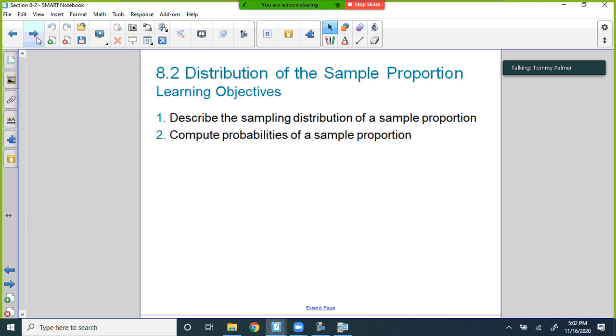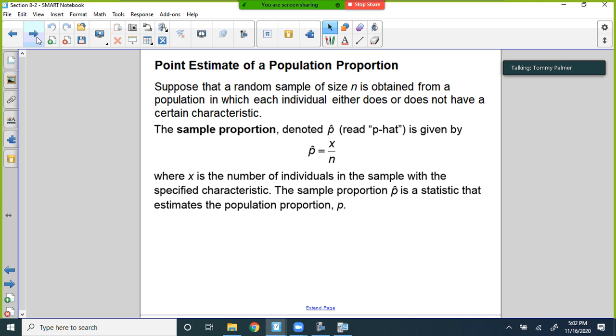All right. First things first, for an estimate of a population proportion, suppose that a random sample of size n is obtained from a population in which each individual either does or does not have a certain characteristic. The sample proportion, denoted p hat, is given by p hat equals x over n, right?